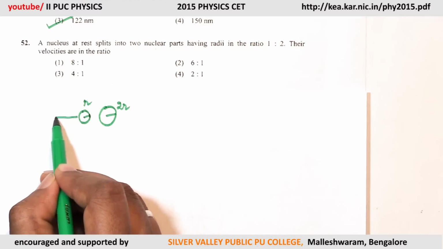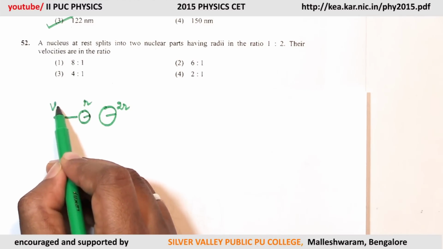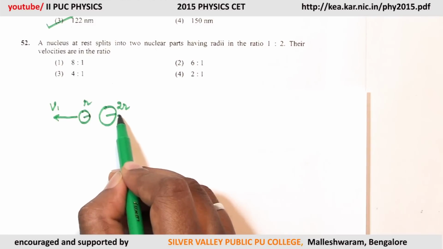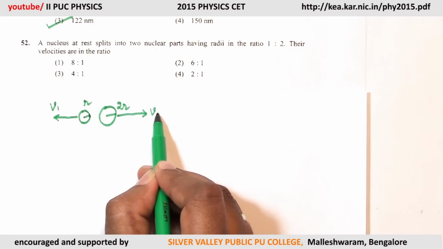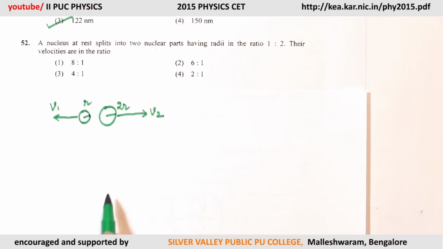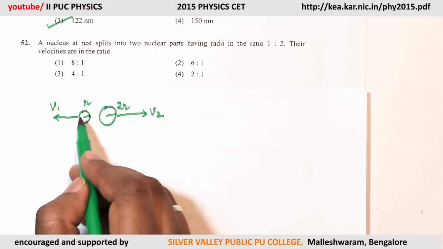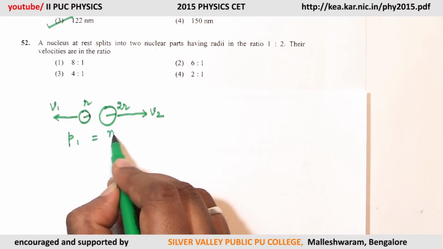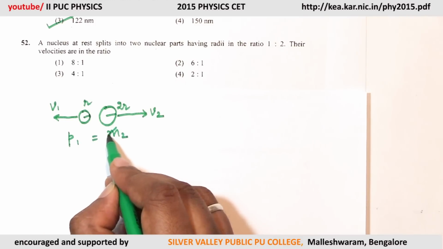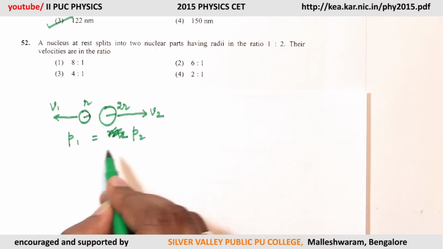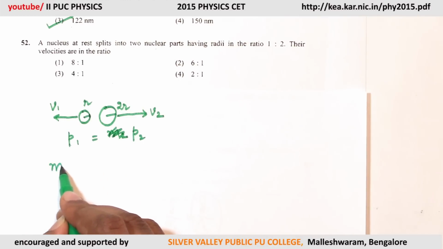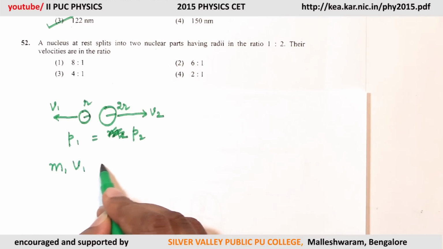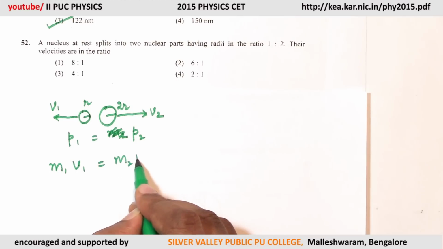This travels in this direction with velocity v1. This travels in this direction with velocity v2. From the law of conservation of linear momentum, momentum carried by first equals momentum carried by second. Momentum is mass into velocity, mass into velocity.